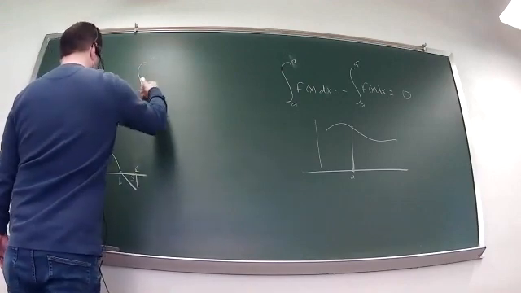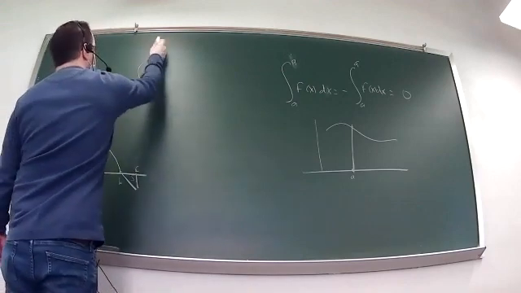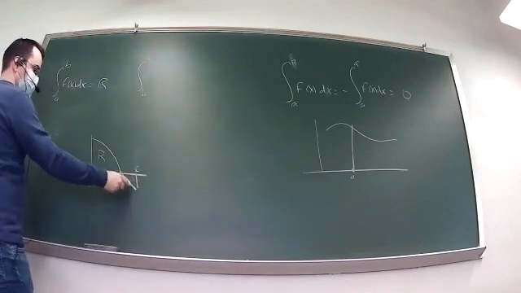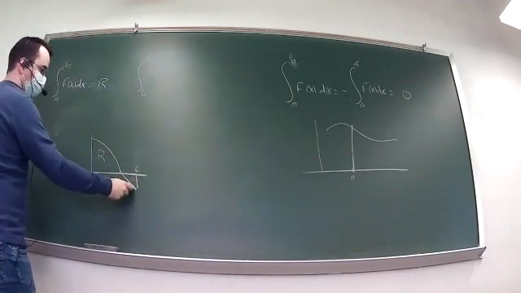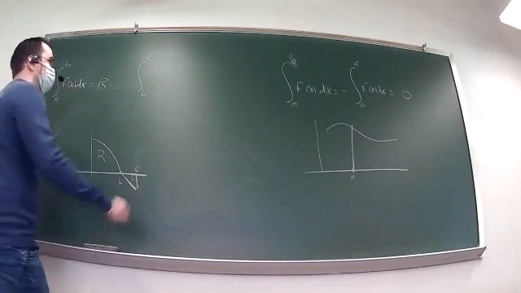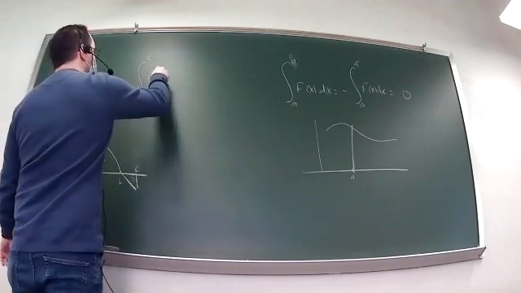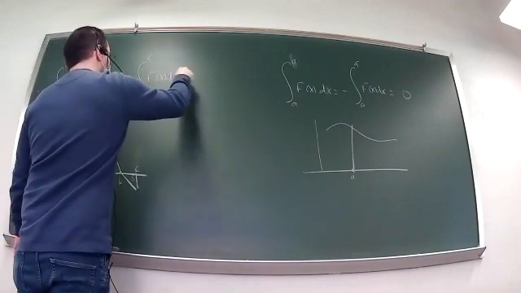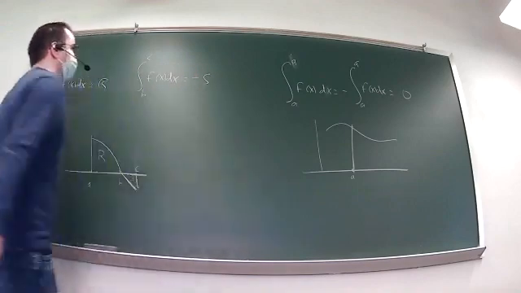The integral from B to C, that's the signed area, so the negative of the area above the curve and below the axis. That would be equal to the negative of S.